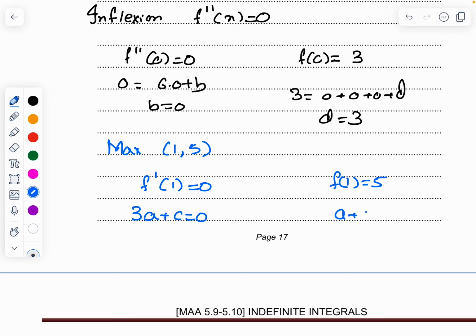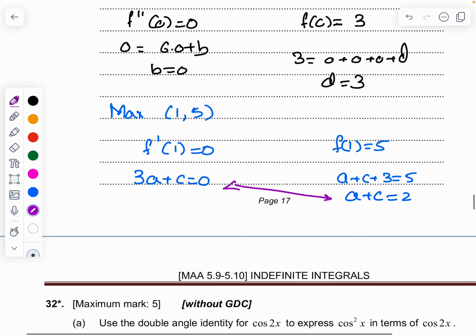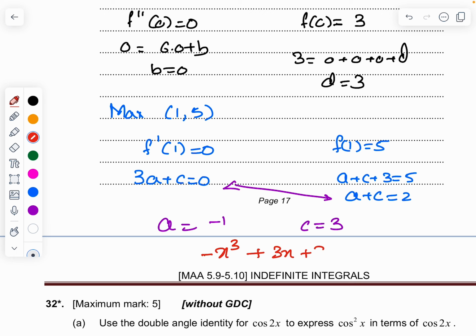This is a plus c plus 3 should be equal to 5. So a plus c equals 2. Now solve these two equations simultaneously. We will get a is negative 1 and c as 3. So my final answer is going to be minus x cube plus 3x plus 3.